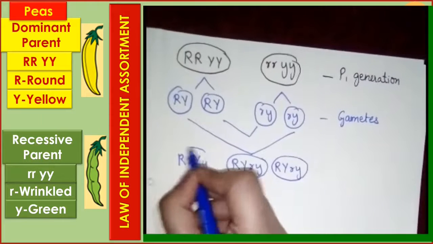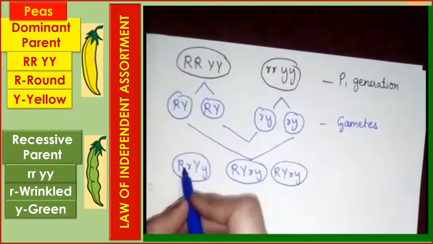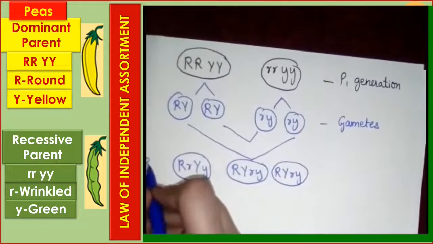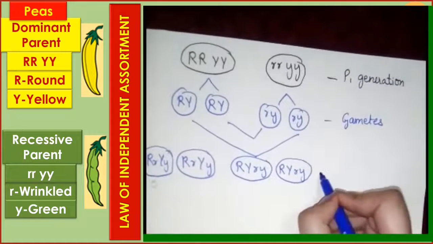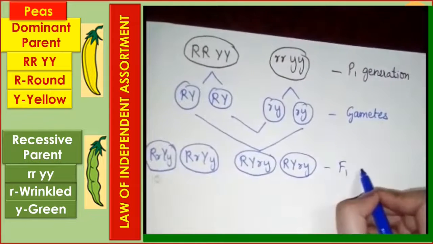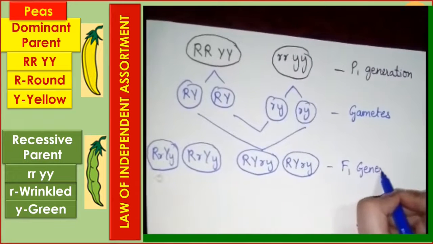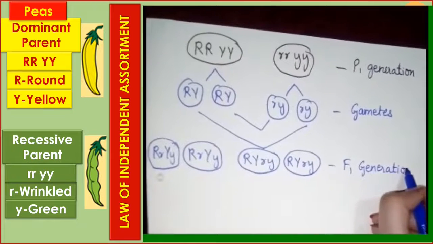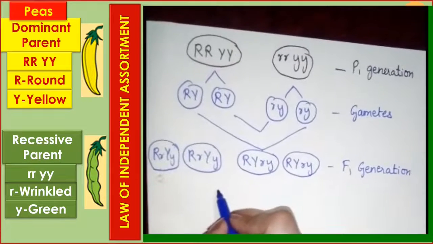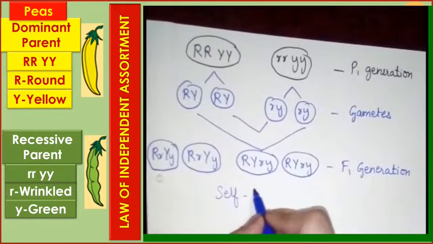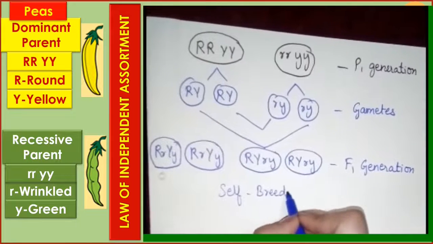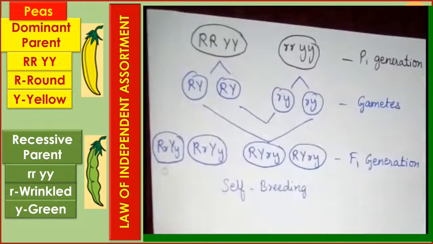This F1 generation will be heterozygous dominant because it contains both the dominant and recessive characters. These are the four offsprings of the P1 generation. We will make a cross between these offsprings, which is called a self-cross or self-breed.